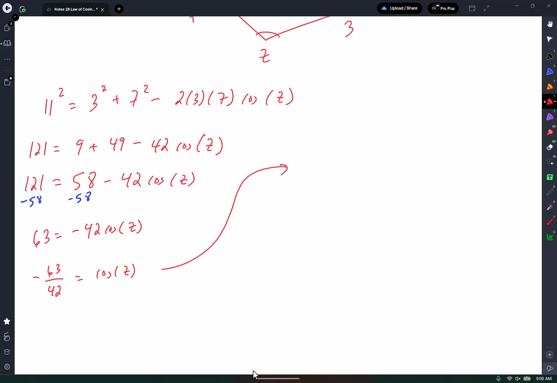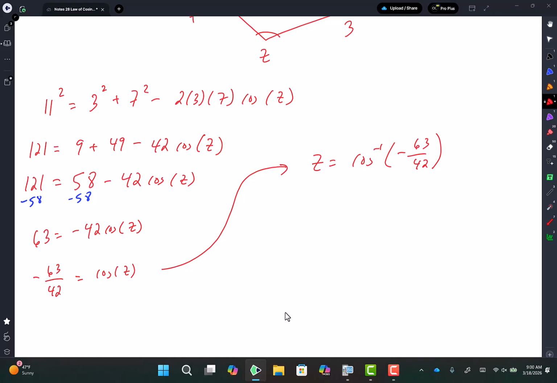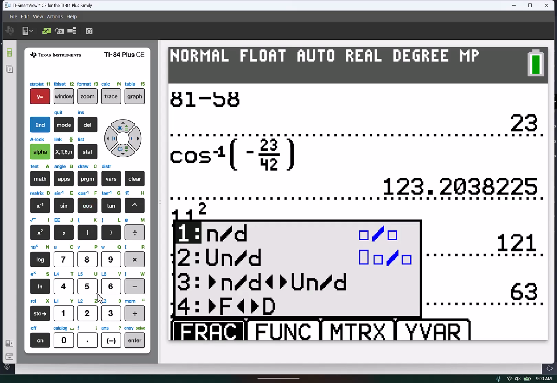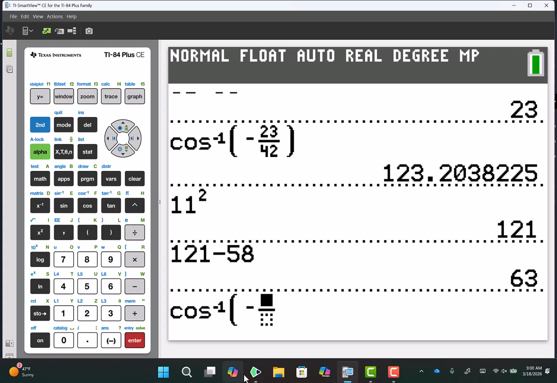And then to get the Z by itself, you've got to take the inverse of cosine, or arc cosine. But this time, a surprise is going to happen. Notice that this time when you type that into the calculator, negative 63 over 42, I already forgot my fraction.